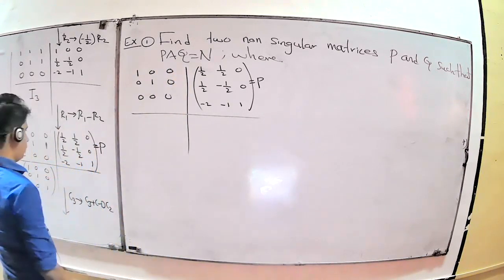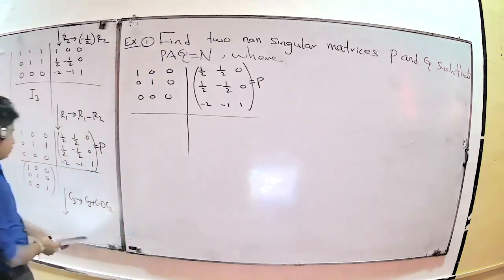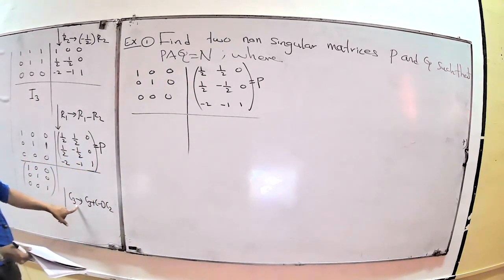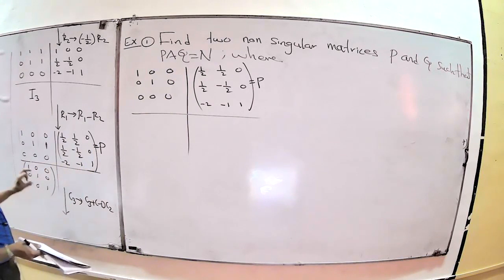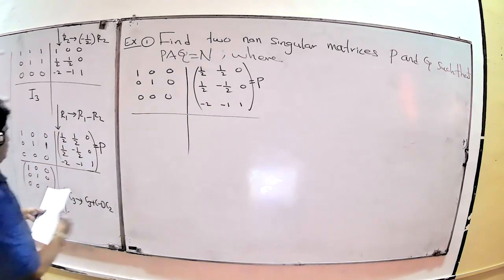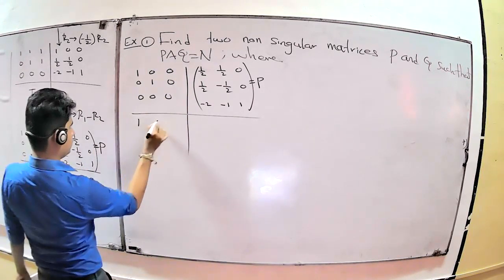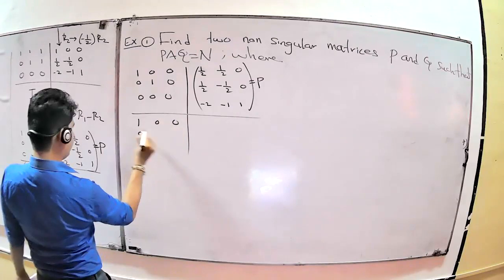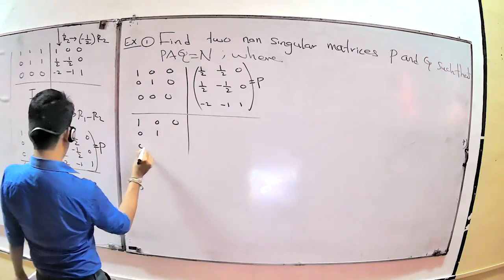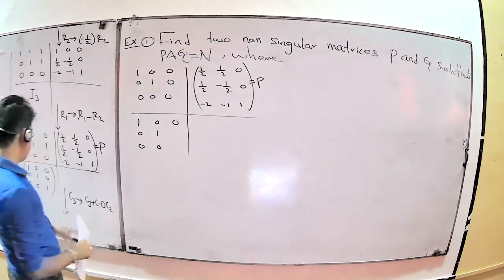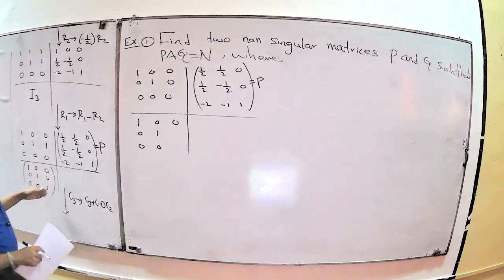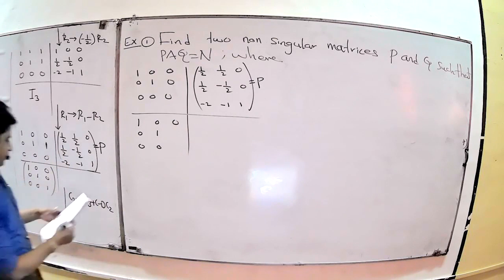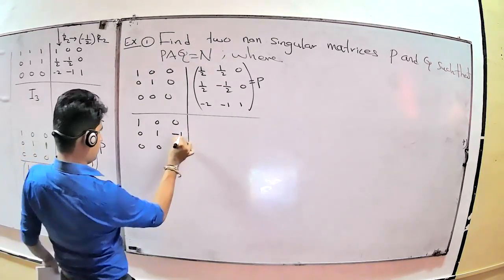Okay. Now, if you do this row operation, sorry, column operation, you get here 1, 0, 0, 1, 0, 0, 0, 1, 0, 0. But here, we do the column operation, right? Here, suppose you multiply by minus 1, therefore minus 1, here 1.